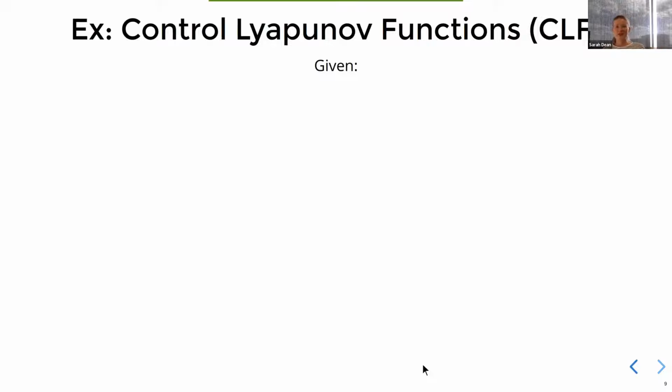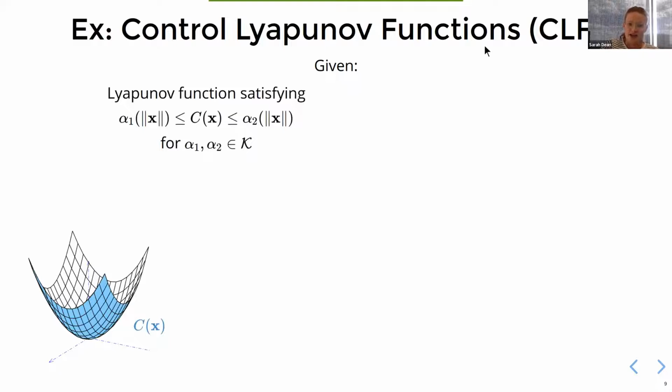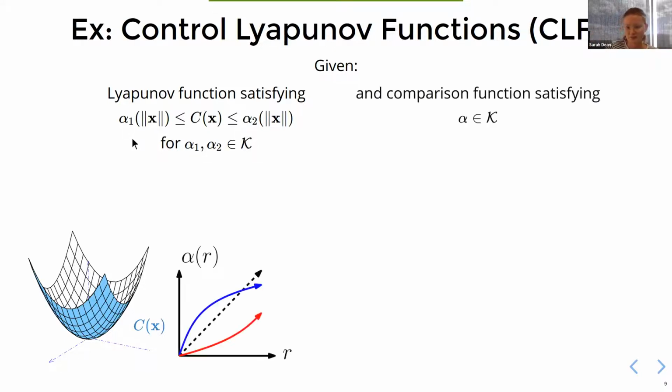So to maybe make this more concrete, I'll go through two examples of control certificate functions that some of you may have seen before. Our first example is control-Lyapunov functions. Here, the certificate function, which we might call specifically the Lyapunov function, needs to satisfy this condition, which essentially says that it should be increasing away from the origin and always positive.